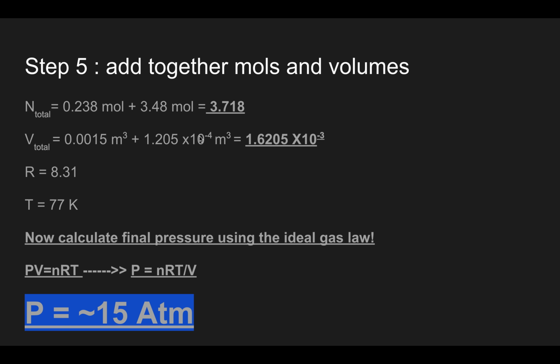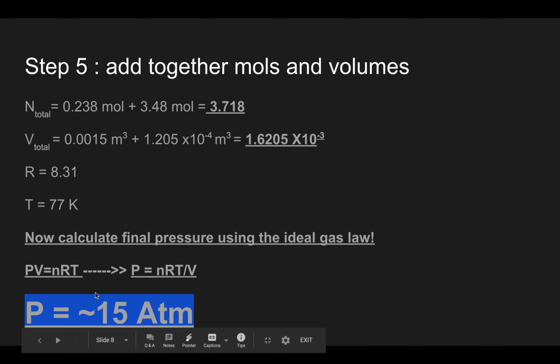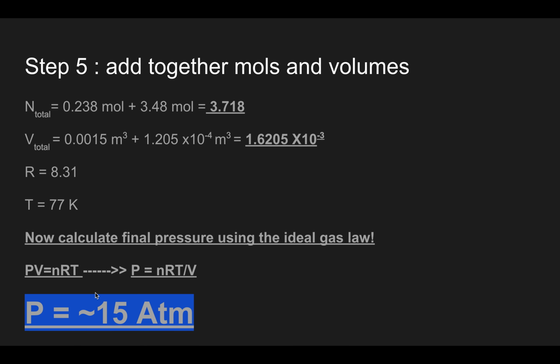We add those together and we get 1.6205 times 10 to the negative third meters cubed. I forgot to put meters cubed. Oh my gosh. All right, anyway. The ideal gas constant is 8.31 and the temperature is 77 Kelvin. You plug it straight into the ideal gas law, isolating for pressure, and we get that the pressure is about 15 atmospheres. And that's it.